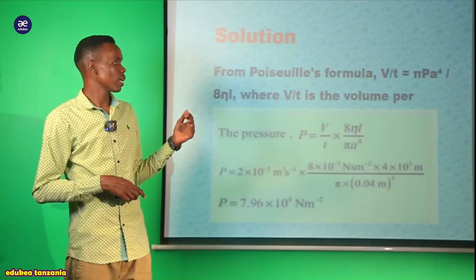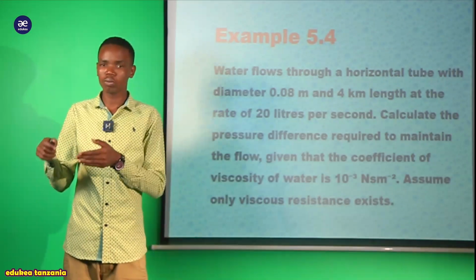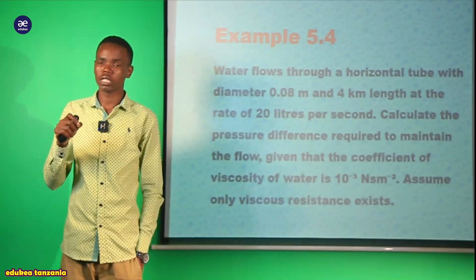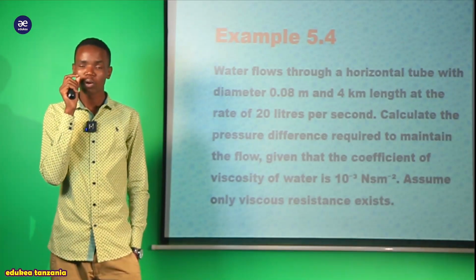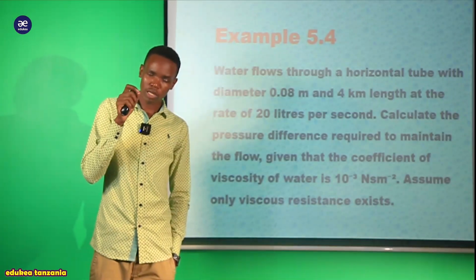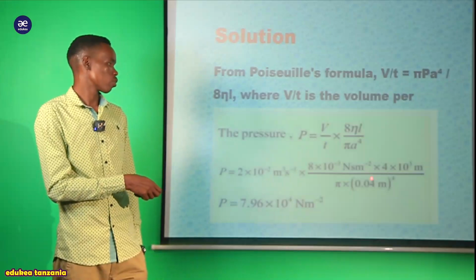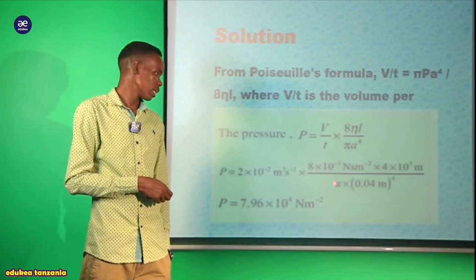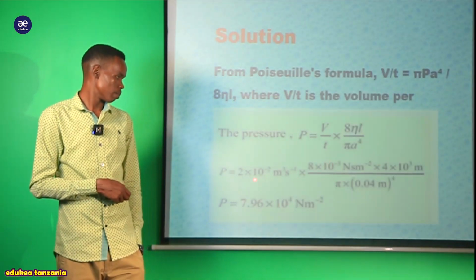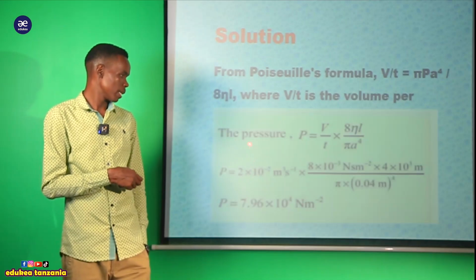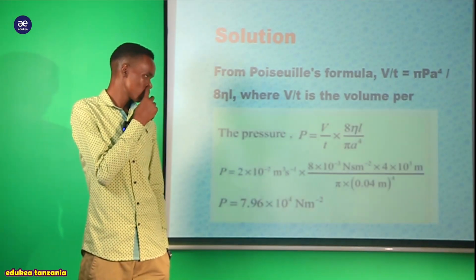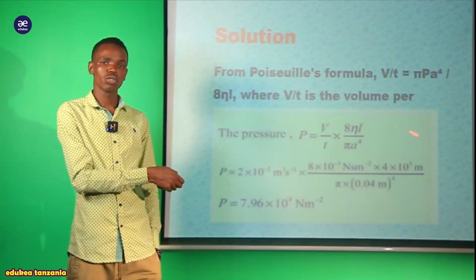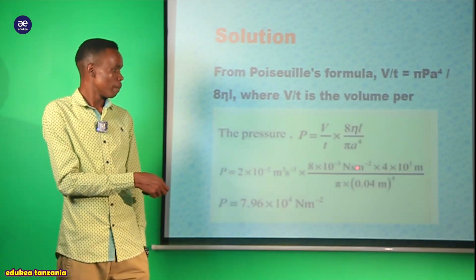Now we are supposed to convert this length into meter, ambayo atakuwa ni 4 exponent 3. Lakini tumepewa huyu volume ambayo yupo kwenye lita per second. Tunatakiwa tumbadilishe kwenye lita tumpeleke kwenye mita, atakuwa ni sawa na 2 exponent -2.